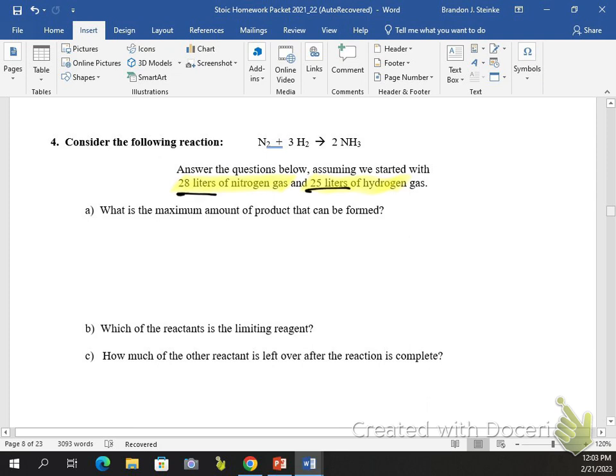What do we do to givens? That's our first thing that we write down, right? So what I should see is 28 liters of nitrogen and 25 liters of hydrogen. So if you have 2 givens, if both of those givens are your reactants, those are 2 major red flags or signs that you have a limiting reactant type of question.